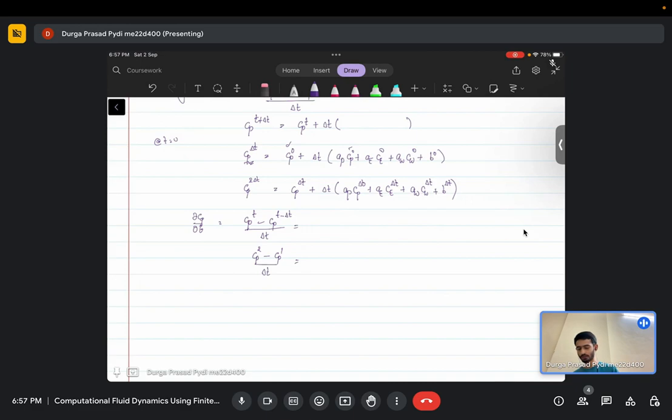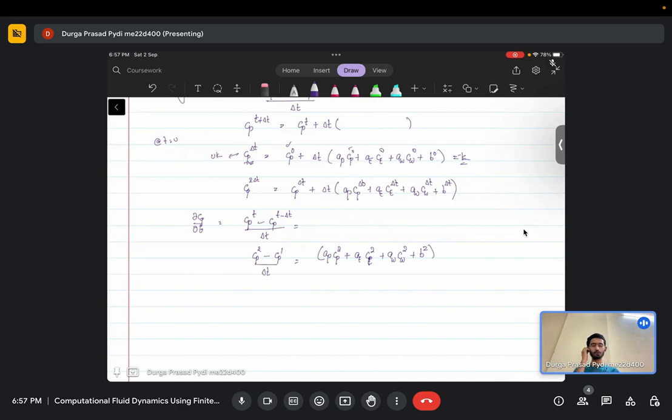So here on the right hand side you will be having these terms. Previously, your LHS was the unknown and you knew everything on the RHS, but now the case is slightly different. You have to just reverse it.